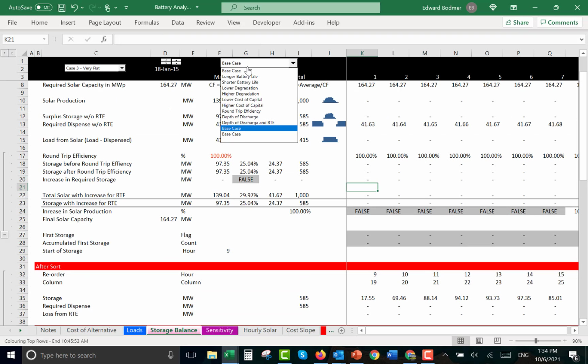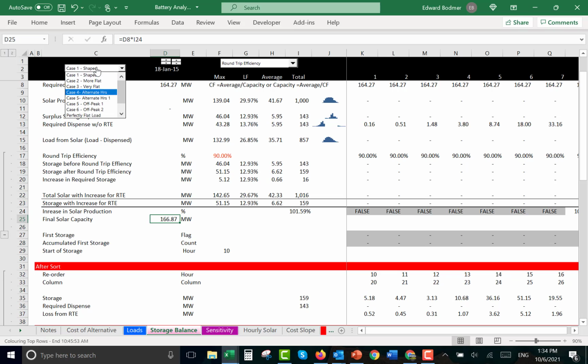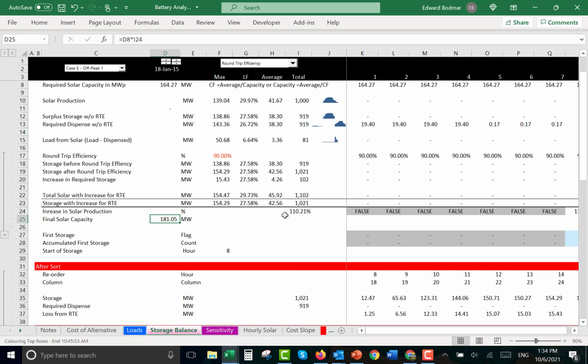Here, let's put some round trip efficiency. Now, it's not exactly the 10% because of the timing, and we use some of the solar power, depending on whether we've got coincident load or whether we've got off-peak load. We need a different amount because it's only the solar power that increases.